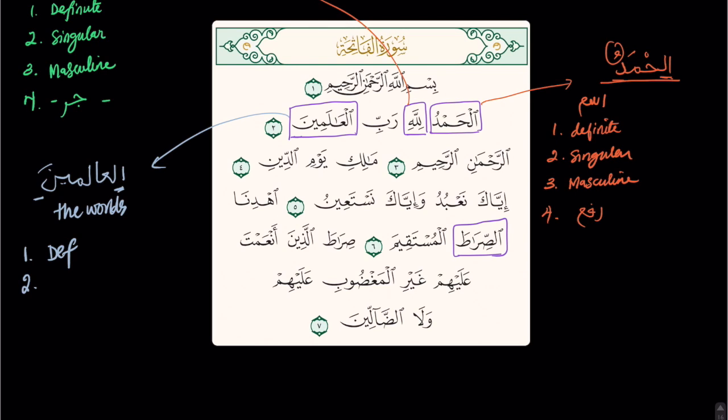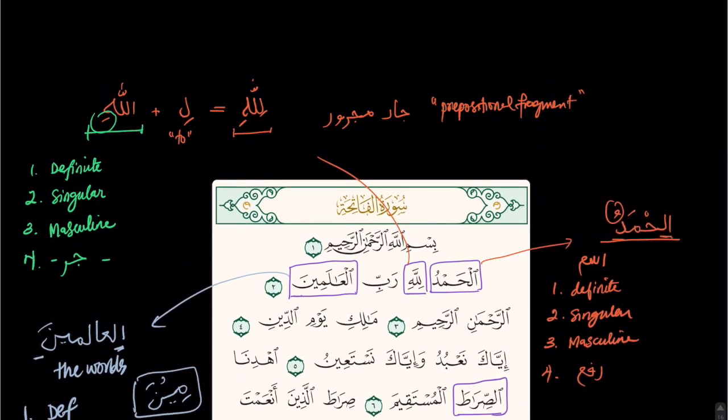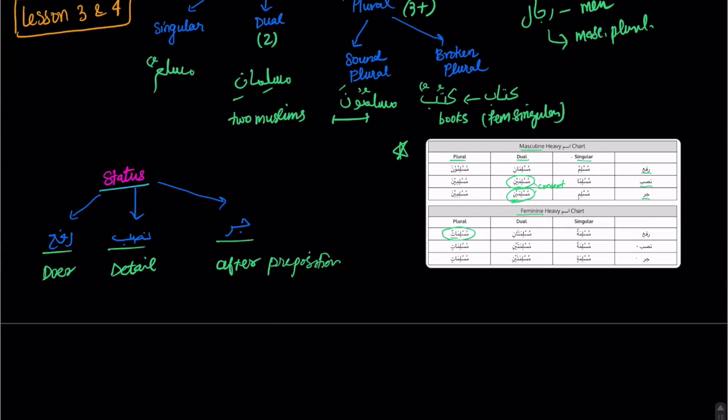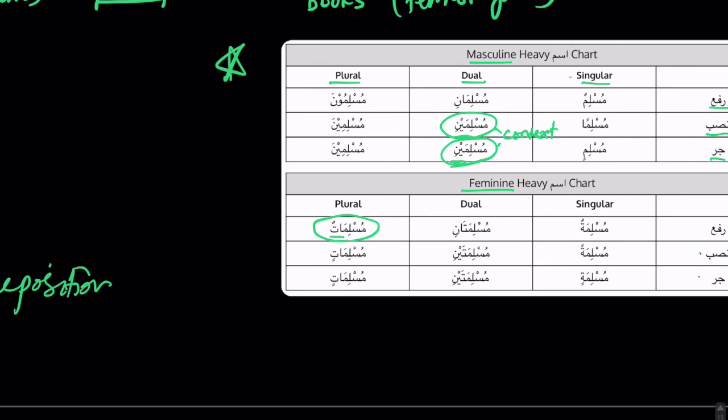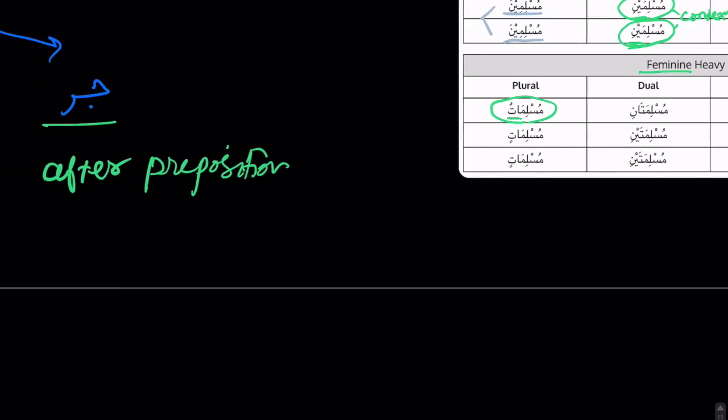Is it singular, dual, plural? Well, we see it has the ina ending. So what do we know about the ina ending? Let's look here. We have here muslimina. So we know that it is masculine, plural, and it is either rafa, either nasab or jar.